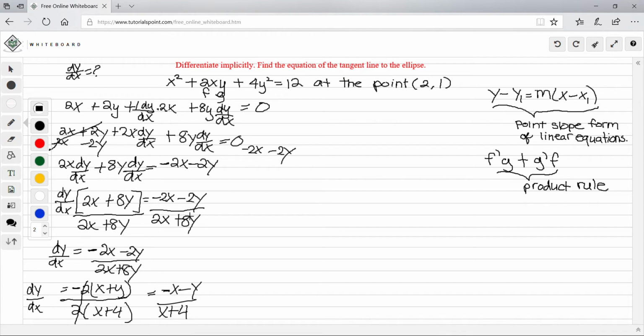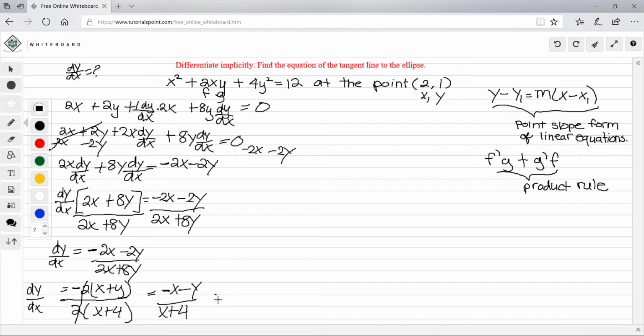We've got to find it at the point (2, 1), right? We call this our x and we call this our y. So we just plug it into this equation, and this will give us the slope. If you plug in the x and y, you get the slope. So let's plug it in.